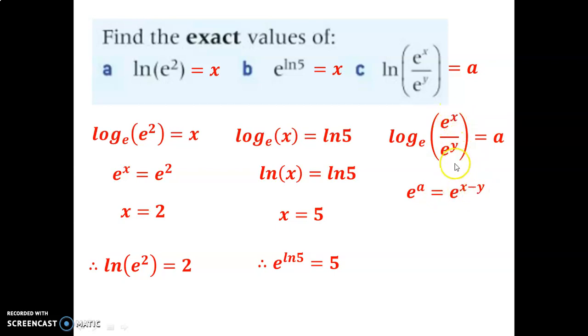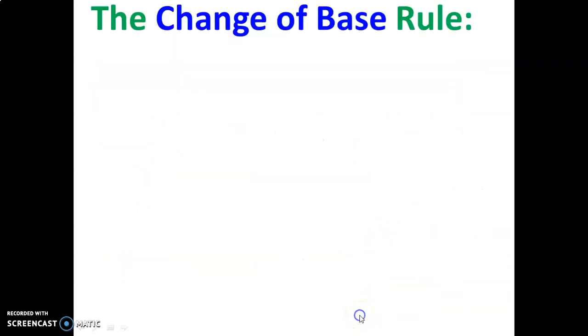So x minus y. So e to the a equals e to the x minus y. And now we know that a must be equal to x minus y, and therefore the original expression is equal to x minus y, because that was what we set a equal to. So there we have that. Those might be kind of tricky at first, but once you get used to how this log base e works, and using the normal rules we've been using, these shouldn't be so bad.